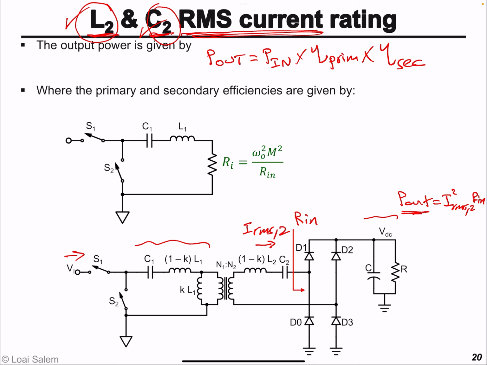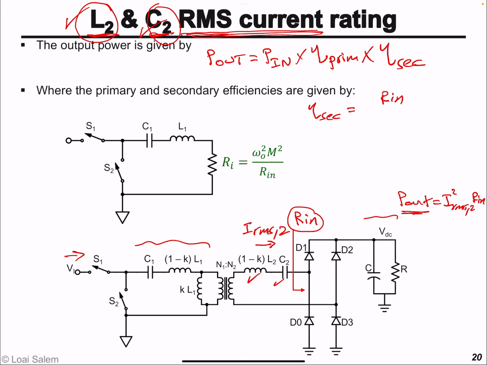Okay, so what is the efficiency of the secondary side, for example? Well, the efficiency of the secondary side, assuming a high quality factor for the RLC circuit, is going to be equal to the AC load resistance, which is the equivalent input resistance looking into the bridge rectifier, Rn.